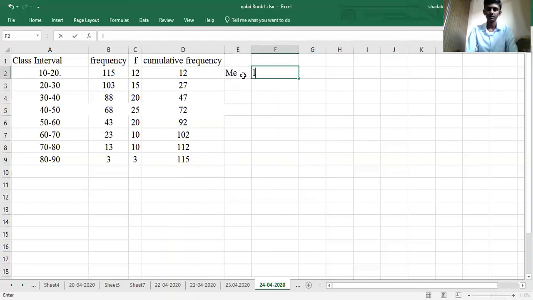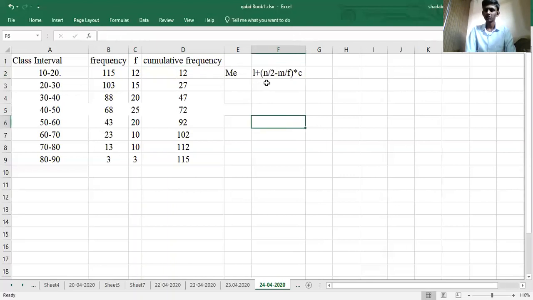Median equals L plus N divided by 2 minus M, divided by F, into C. It will come like this: L plus N divided by 2 minus M divided by F into C.